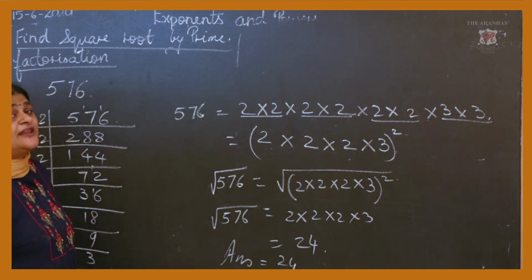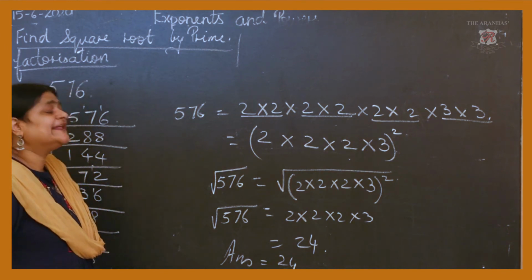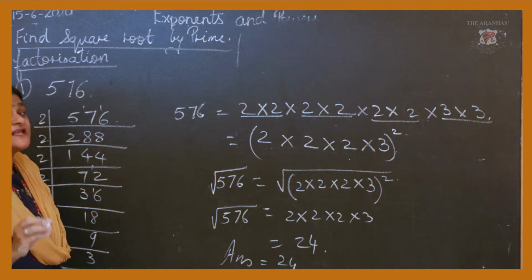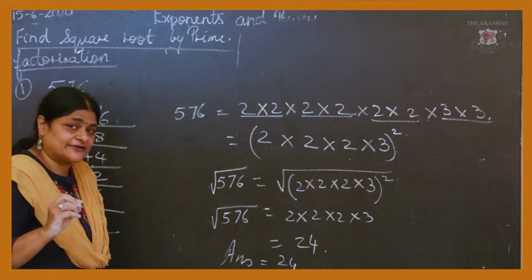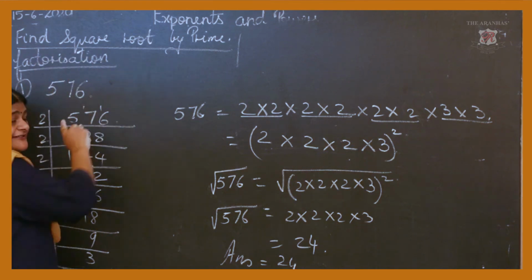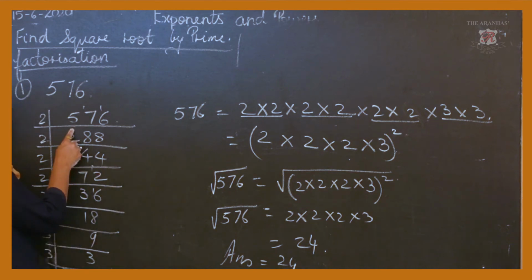Again, I am explaining here, when you want to find out the square root by the prime factorization method, the first thing, you have been given the sum over here as 576, and you want to do it by prime factorization method. That is what is given in the heading. Okay, find the square root by the prime factorization method. So now over here, you are taking 576.